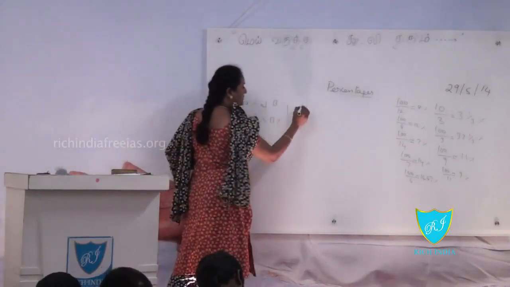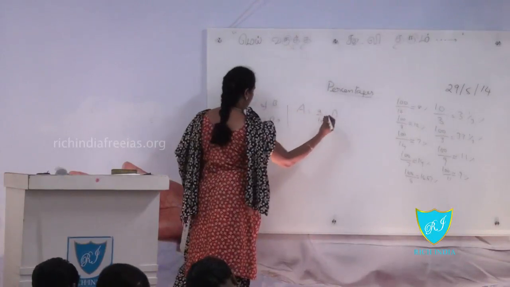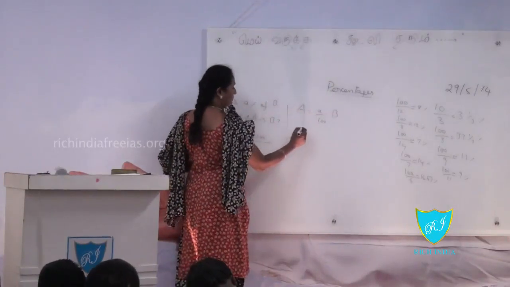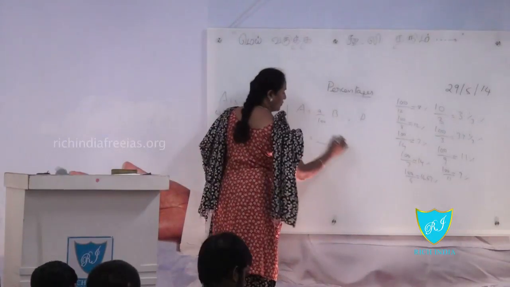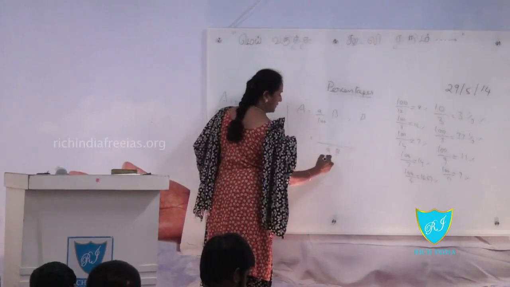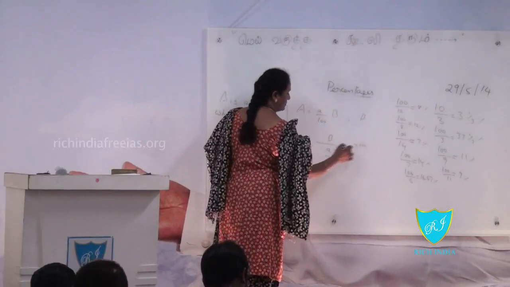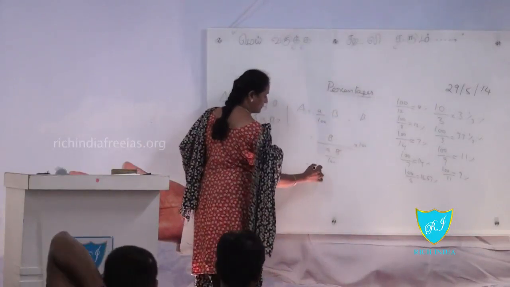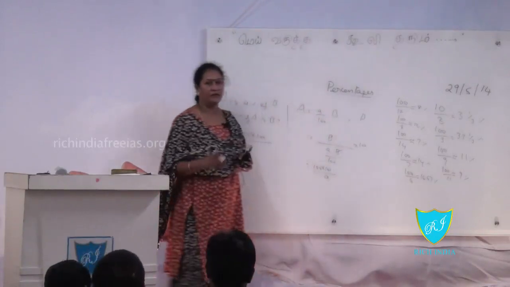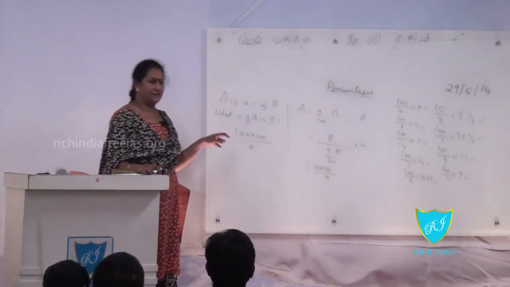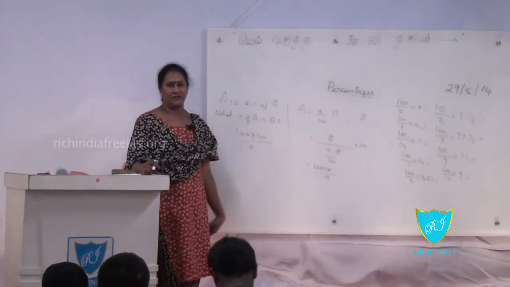When A is A% of B, the A value will be A by 100 times of B. And what percent of A is B? B itself is here. Of A, so write this in the denominator and B in the numerator into 100. So this gets cancelled and you get 100 twice by A. Whenever a reverse comparison is there, with the percentage in the denominator and 100 twice, you will get the answer.